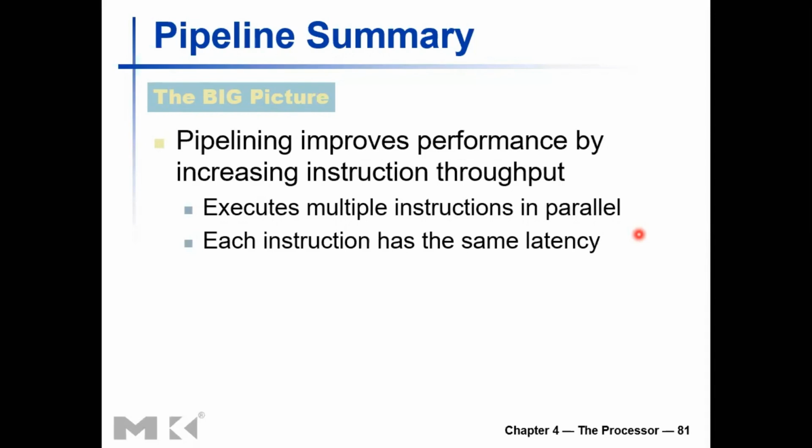Throughput is what we are improving by pipelining. Actually, we are increasing the latency, but the actual effective throughput is improved, right? So how do we do that? By executing multiple instructions in parallel. By using the different hardware maximally in parallel, you can have a staggered setup where different instructions are being served by different pieces of hardware at the same time.